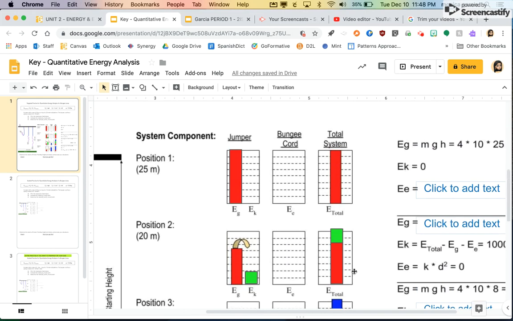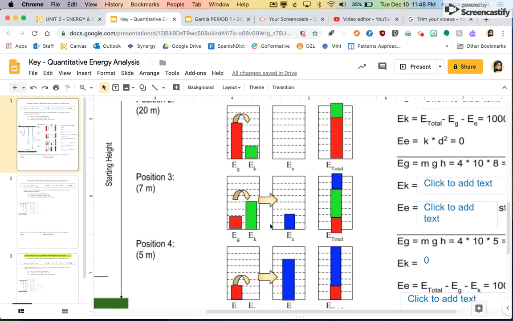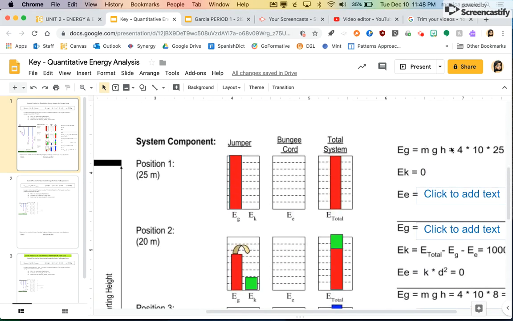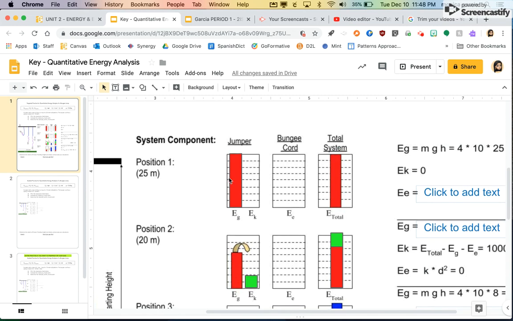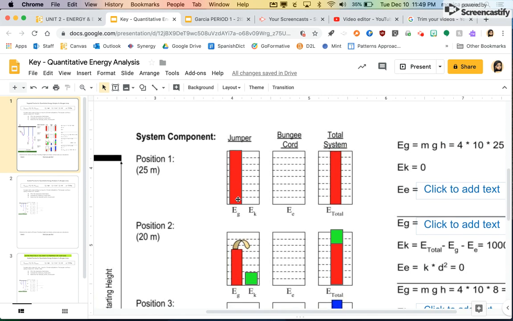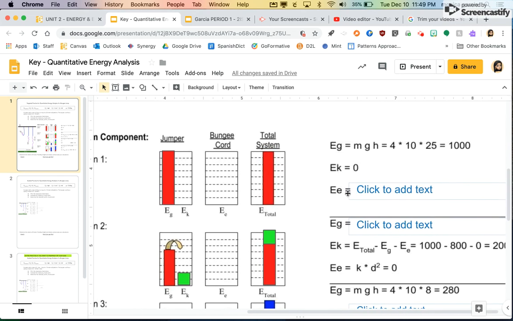The reason why it's so important to fill these out in order to calculate how much energy we have is because it allows us to figure out what kind of energy we need to calculate in the first place. So I'll give you an example here.